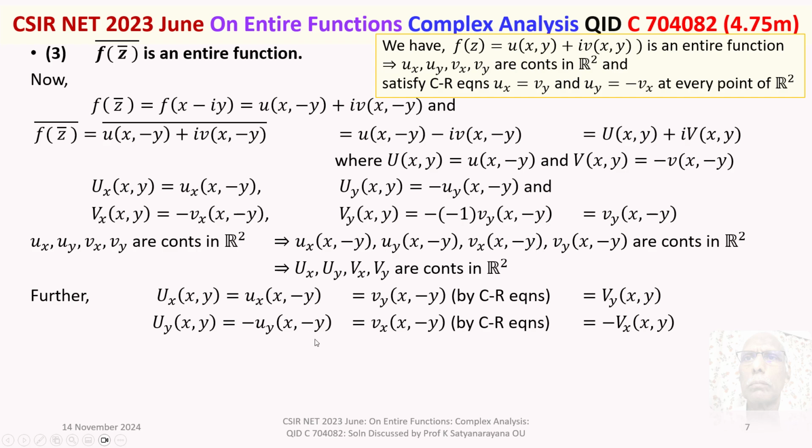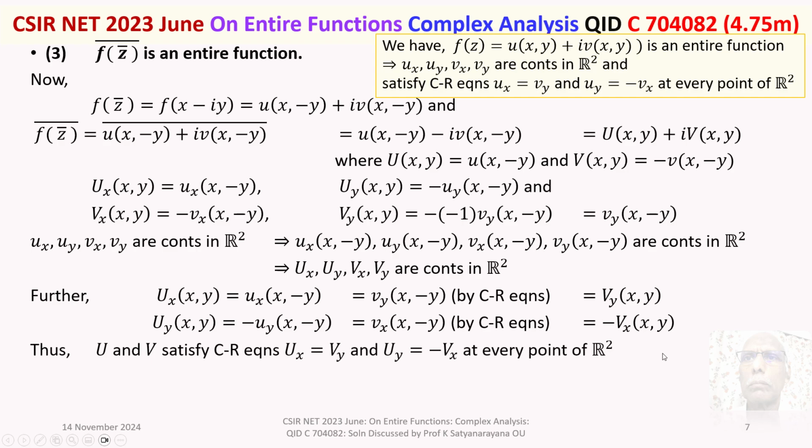By the Cauchy-Riemann equations for f of z, uy is minus vx, there is already a minus, so it will be small vx at x comma minus y. But what is vx at x comma minus y? Capital Vx at x comma y is equal to minus Vx at x comma minus y. Therefore, small v at x comma minus y with respect to x is minus capital Vx. So thus ux is equal to vy, uy is equal to minus vx. Those Cauchy-Riemann equations are satisfied at every point of R square.